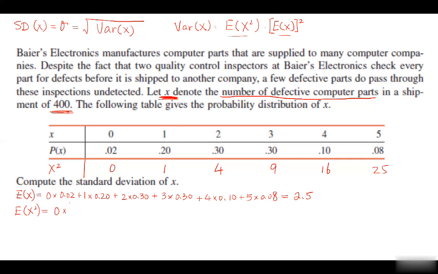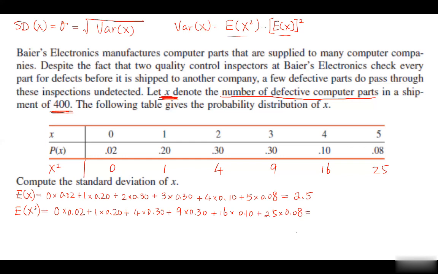So let's start from X squared being 0. 0 times 0.02 plus 1 times 0.20 plus 4 times 0.30 plus 9 times 0.30 plus 16 times 0.10 plus 25 times 0.08.